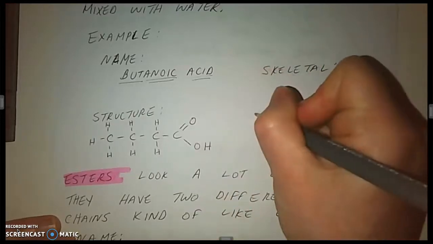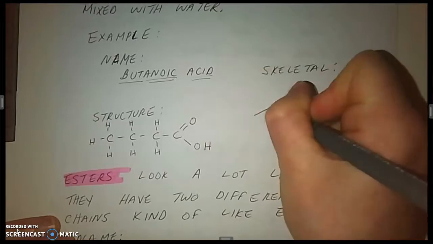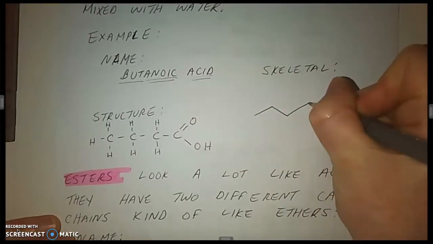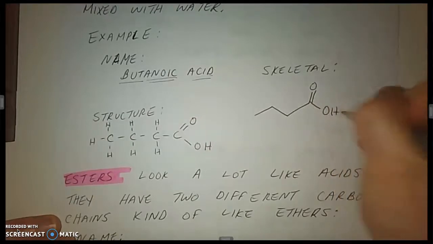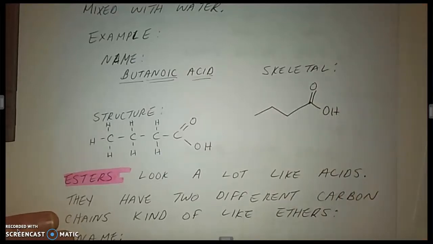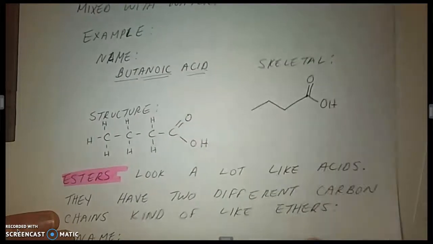So for the skeletal diagram here, I need 4 carbons, 1, 2, 3, 4. And then I need to put my double bond to oxygen and my OH group on that same last carbon. Butanoic acid, done.